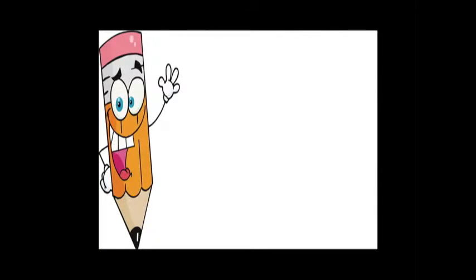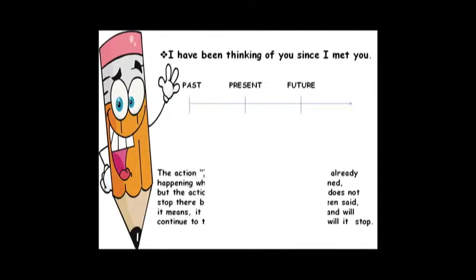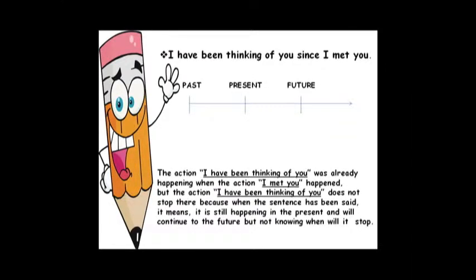The first example is, I have been thinking of you since I met you. The action I have been thinking of you was already happening when the action I met you happened. But the action does not stop there, because when the sentence has been said, it means it is still happening in the present and will continue to the future, but not knowing when it will stop.